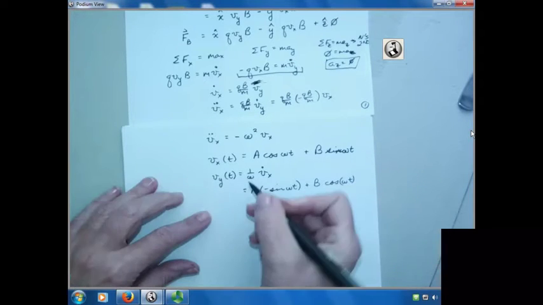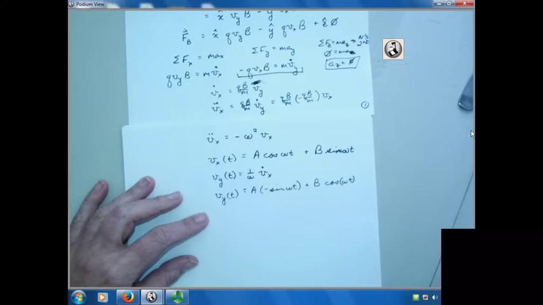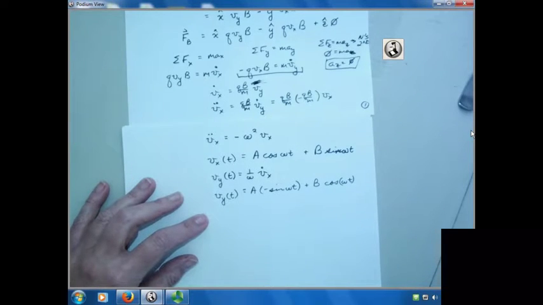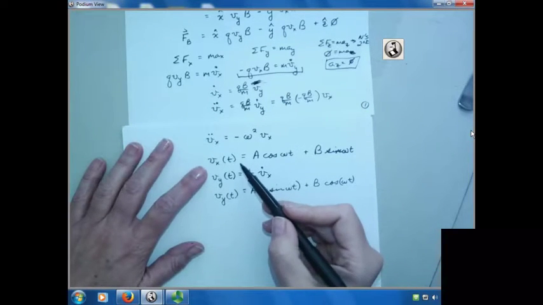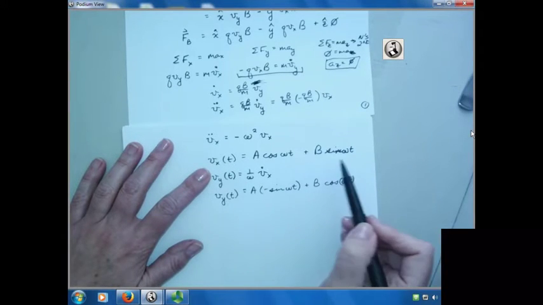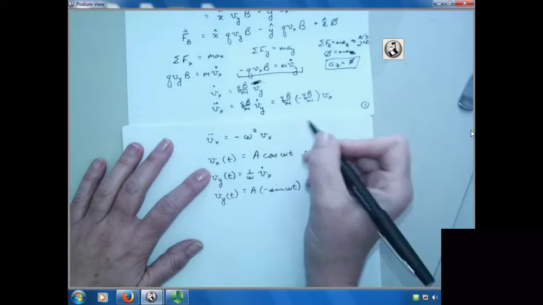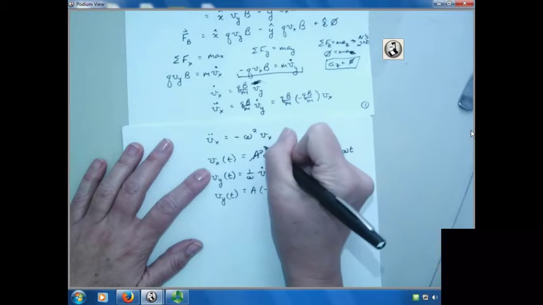And if I want to know what A and B are for each of these, again, this isn't exactly the solution I want to present to you, so I'm going to go sort of hand wavy with it. Clearly, if I just evaluate the boundary condition for the Vx equation when t is equal to 0, I find that A must be equal to v naught x.